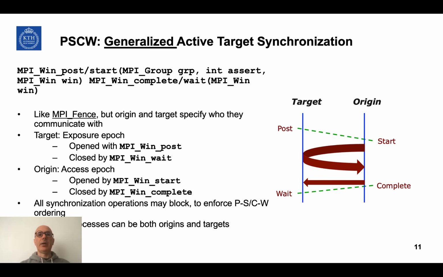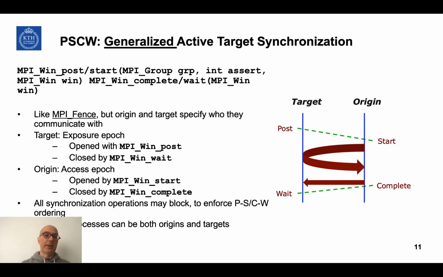The second way to open epochs is to use the generalized active target synchronization. We have four functions: MPI_Win_post and MPI_Win_start for the target, and MPI_Win_complete and MPI_Win_wait for the origin. So it's pretty much like MPI fence, but origin and target specify who they communicate with.